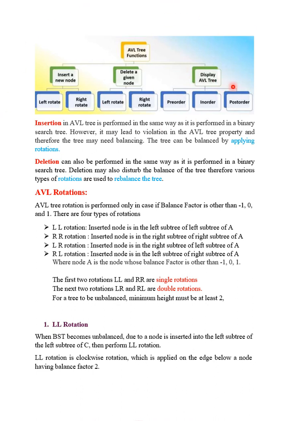These are the functions of an AVL tree: inserting a new node, deleting a node, and lastly displaying. For insert, left rotate or right rotate. The same for deletion, left rotate and right rotate. As we have seen in binary search tree traversals, to display it we have three types: pre-order, in-order and post-order.